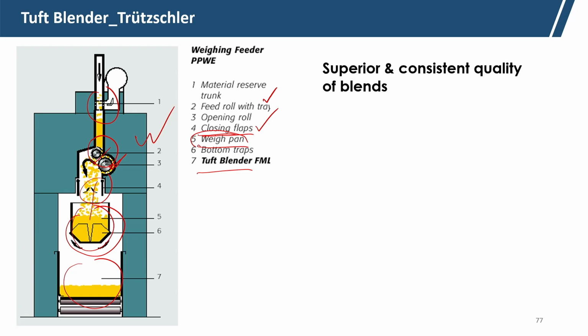So, a superior and consistent blend can be achieved because of this opening and precise weighing, and precise control through the opening bottom trap.